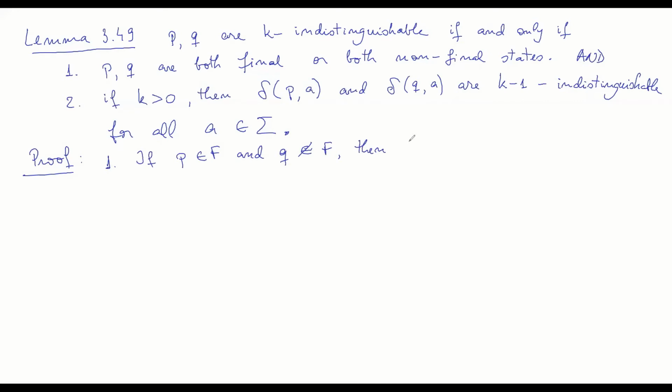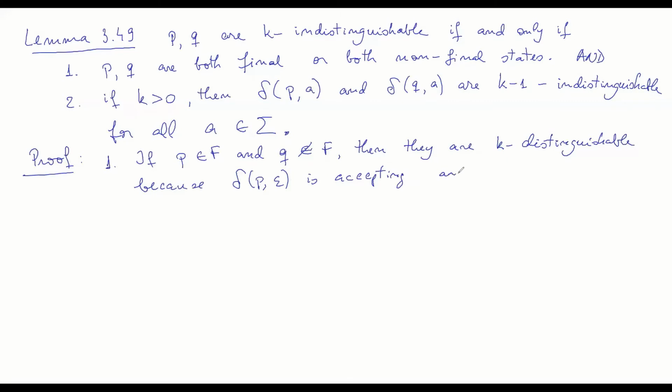So they are, in fact, really K distinguishable, because delta of P and epsilon is accepting. So that's an accepting computation, or in fact this is a final state, and doing a computation from Q with epsilon is rejecting, meaning that this gives you a non-final state.